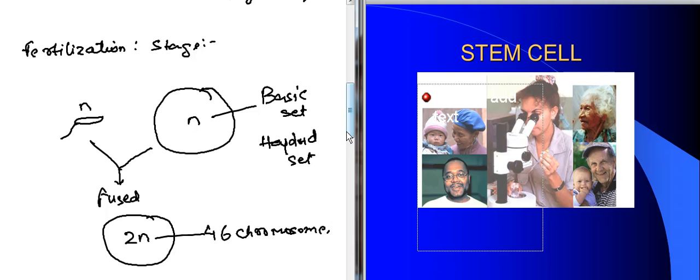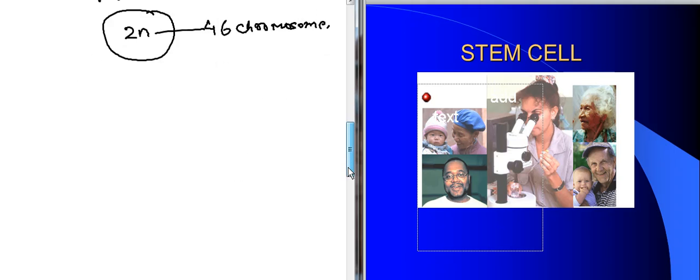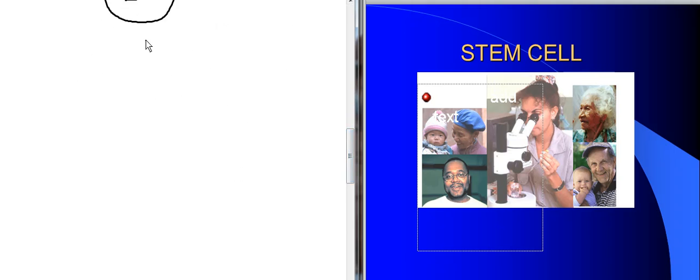Now, let's see what happens after that. This fertilized egg goes through several divisions and different stages, called morula, blastula and all that.